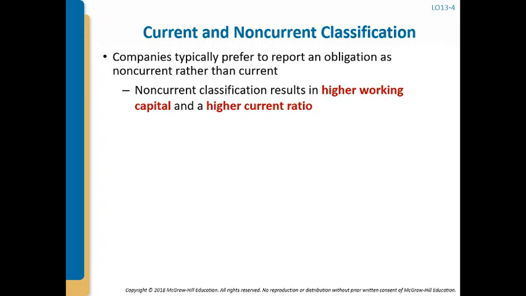So here they ask the question, given a choice, do you suppose management would prefer to report an obligation as a current liability or non-current liability? Most would choose non-current.